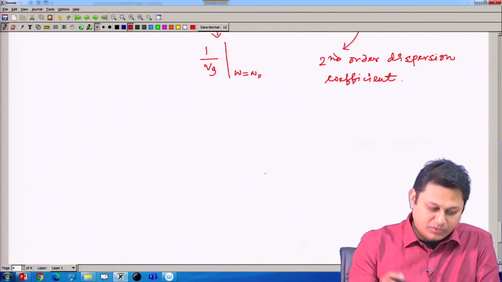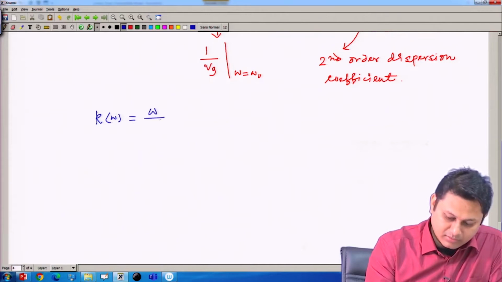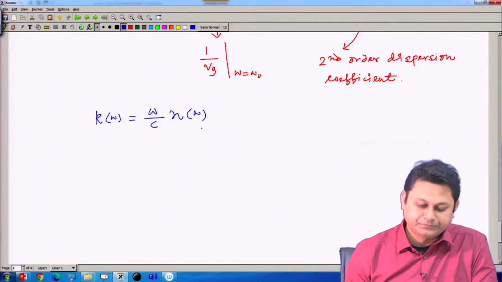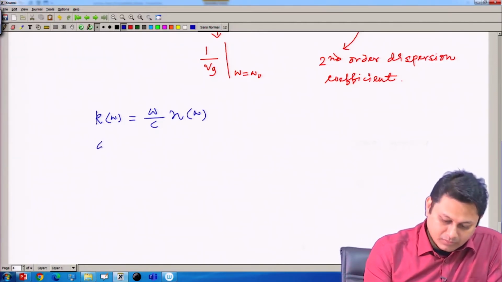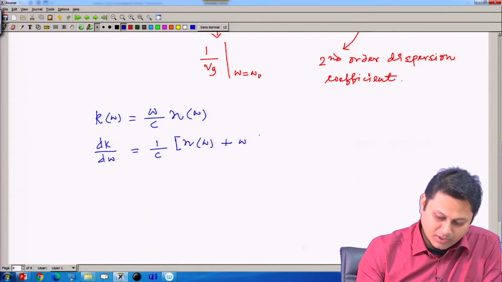Now, if I want to find the value of beta 2, we can do that, because I know the expression of k: k of omega is omega divided by c times n of omega. dk d omega, which we have already calculated, is 1 by c times n of omega plus omega dn d omega.